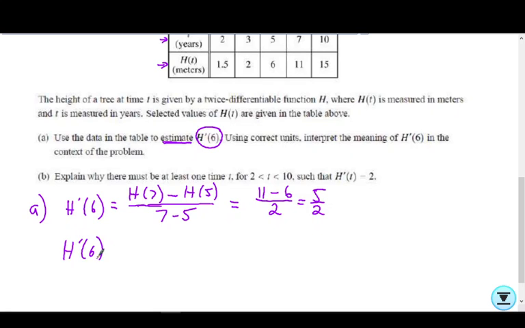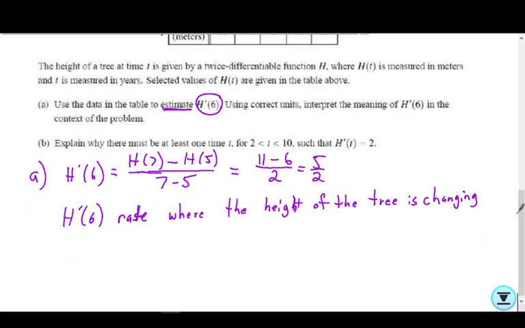We're going to say h prime at 6 is the rate where the height of the tree is changing in meters per year at t equals 6.